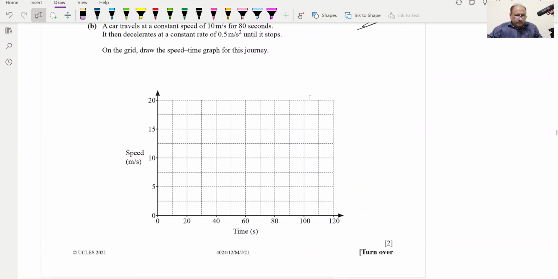Now, part B, a car travels at a constant speed of 10 meters per second for 80 seconds. It then decelerates at a constant rate of 0.5 meters per second squared until it stops. On the grid, draw the speed time graph of this journey.